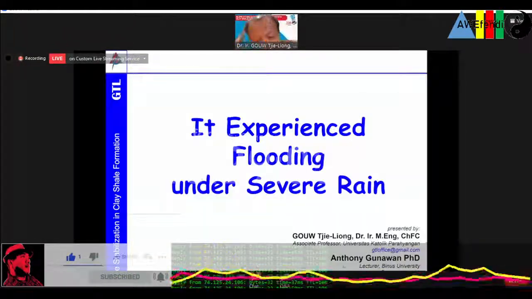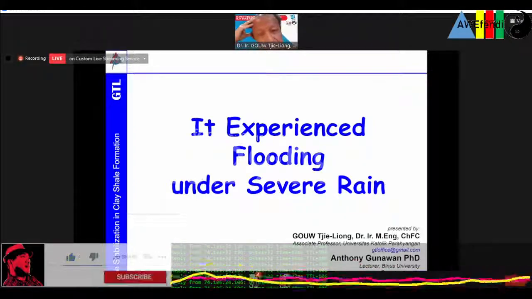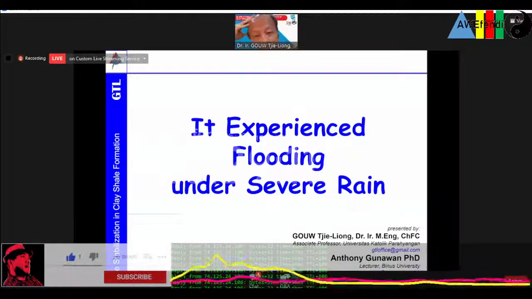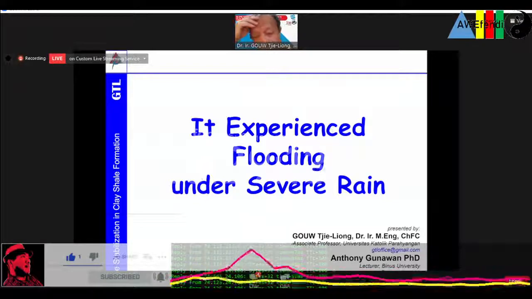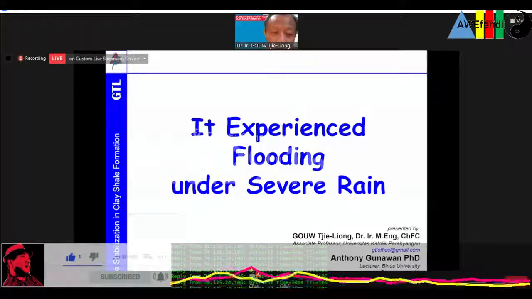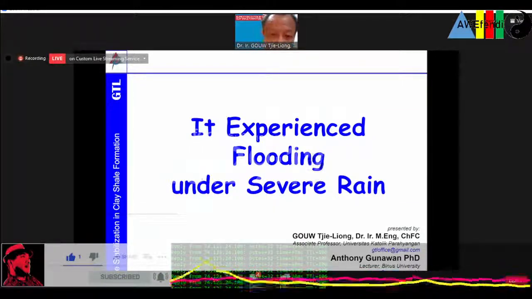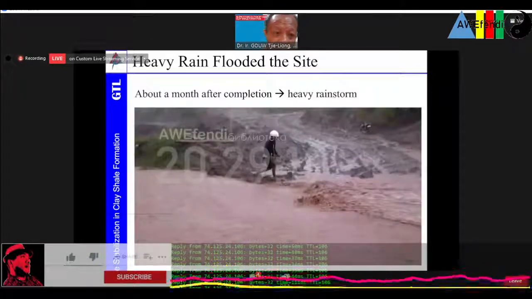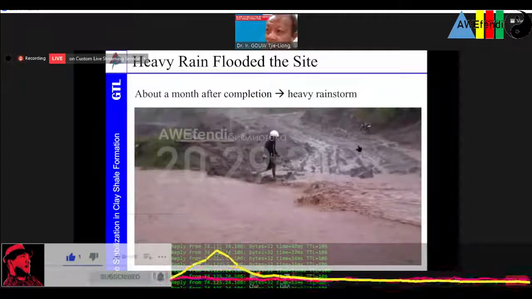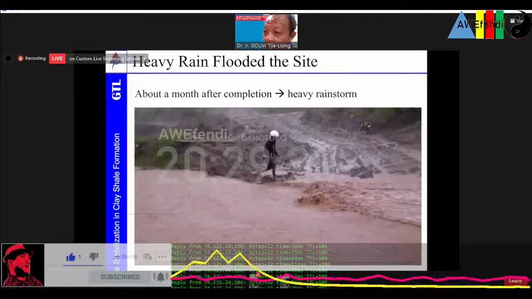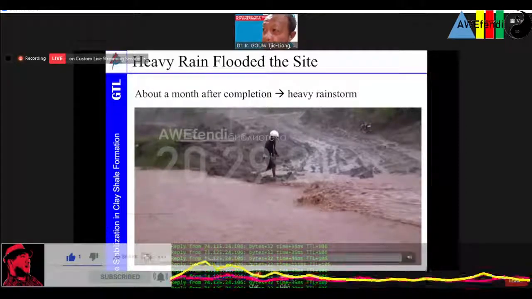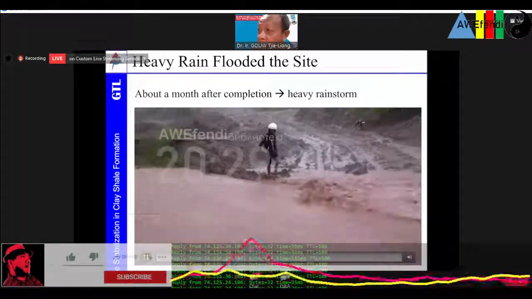But a very unfortunate event happened when we had built about half of the height. It experienced a flash flood under severe rain. So this is the flooding, you can see. Let me show the video over here. There's the flooding. It's just like a river.